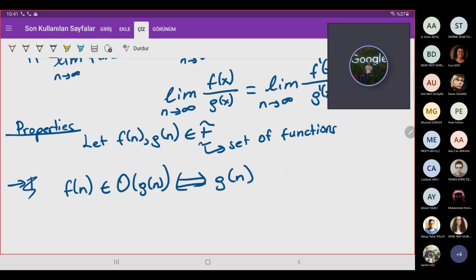what can be the relation between g(n) and f(n)? If f(n) is in big O of g(n), then g(n) is what, in which complexity class of f(n)? No, f(n) is in big O of g(n).